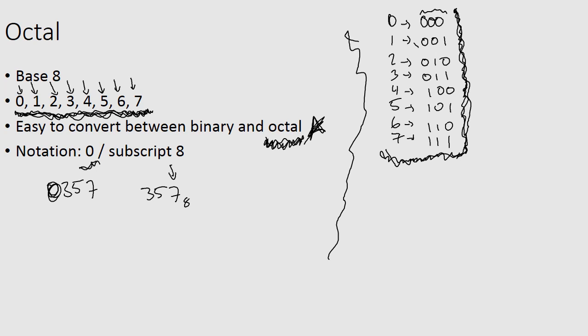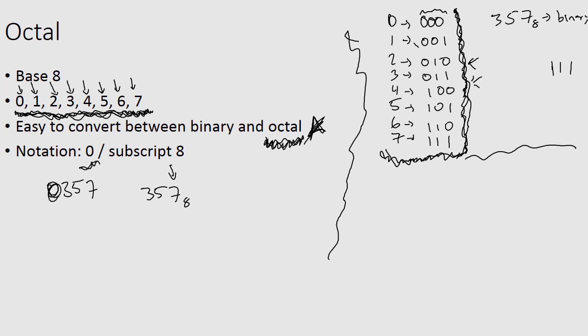If you had an octal number, let's say we had 3, 5, 7 in octal, and we wanted to convert that into binary, we would find the equivalent numbers on our chart to the left here, and we would just insert the binary equivalent. We have 7, and 7 we see is 1, 1, 1.